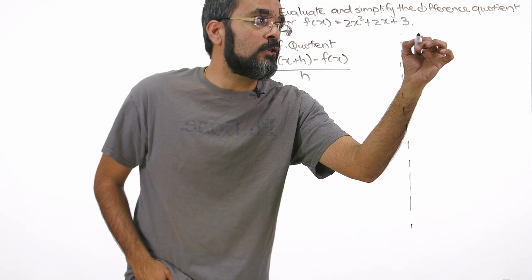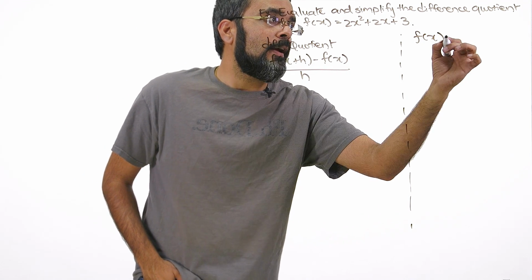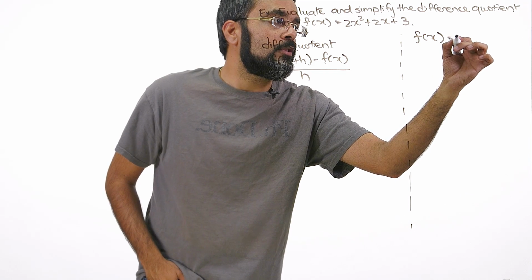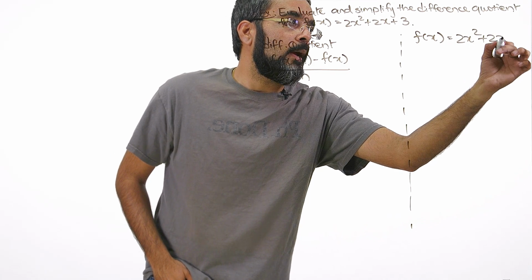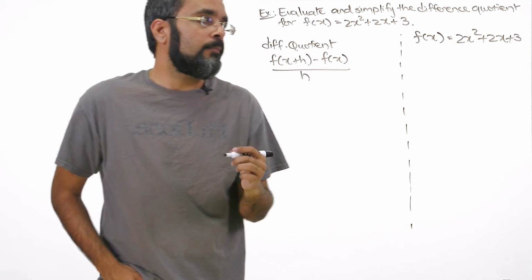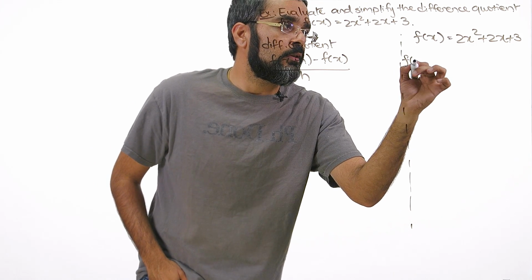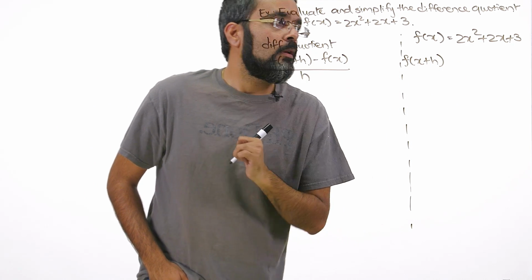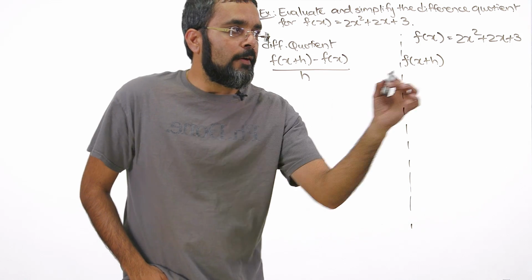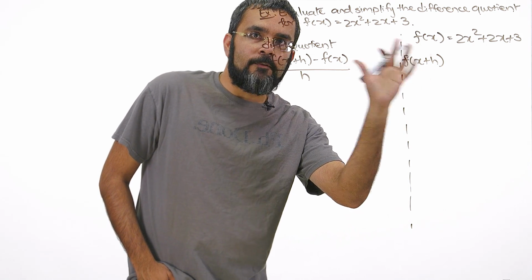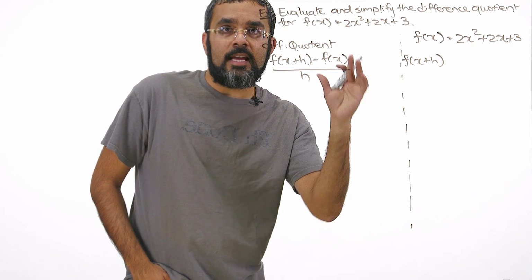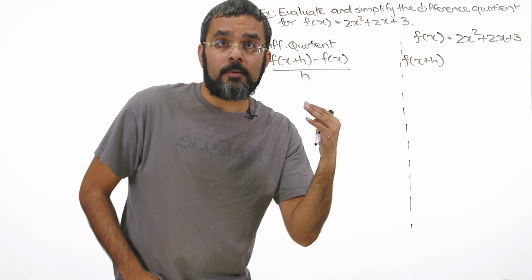Well, f of x is given to us, so that's not a problem. f of x is simply 2x squared plus 2x plus 3. So what is f of x plus h? So the way we do f of x plus h is I look at f of x, and wherever I see x, I replace that by x plus h.